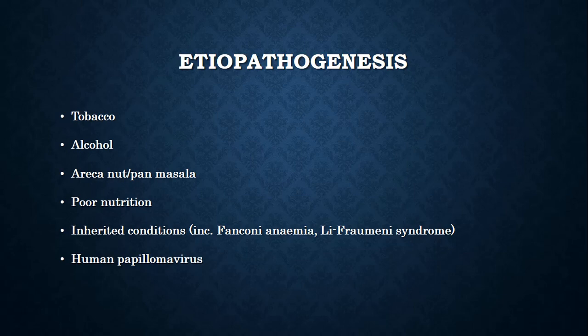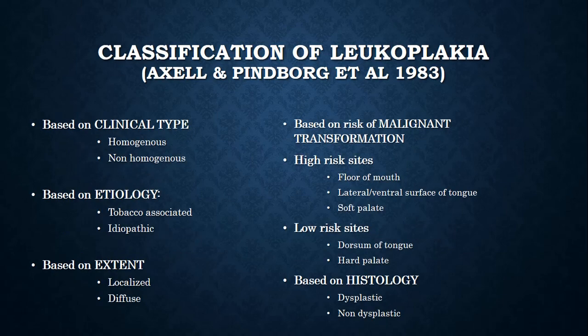Its etiological factors include tobacco and alcohol consumption, areca nuts, that's pan masala, poor nutrition, and inherited conditions like Fanconi anemia and Lieberman syndrome. Viral infection like human papillomavirus can also be an etiological factor.